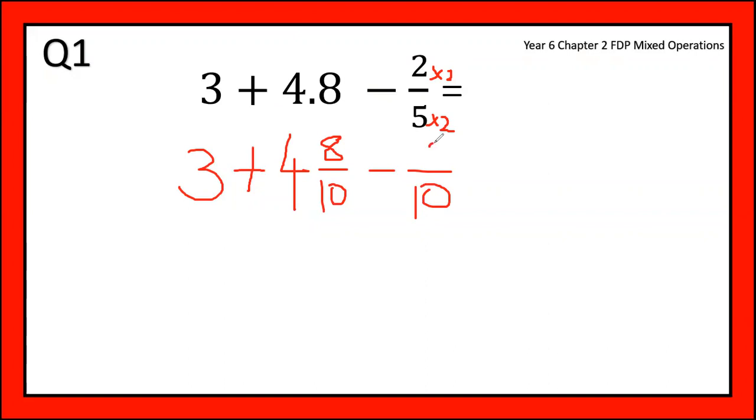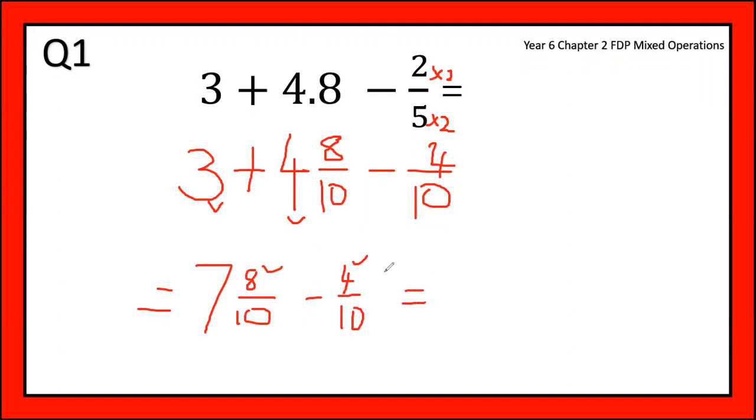So this becomes 4. So now you have 3 plus 4, so that will give you 7, 8 over 10 minus 4 over 10. Look at the fractions part. 8 can easily minus 4 now because the denominator is same, and that would yield you the answer.